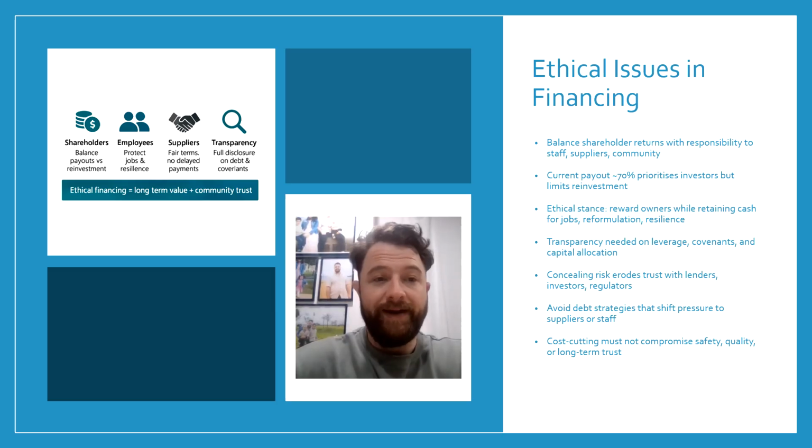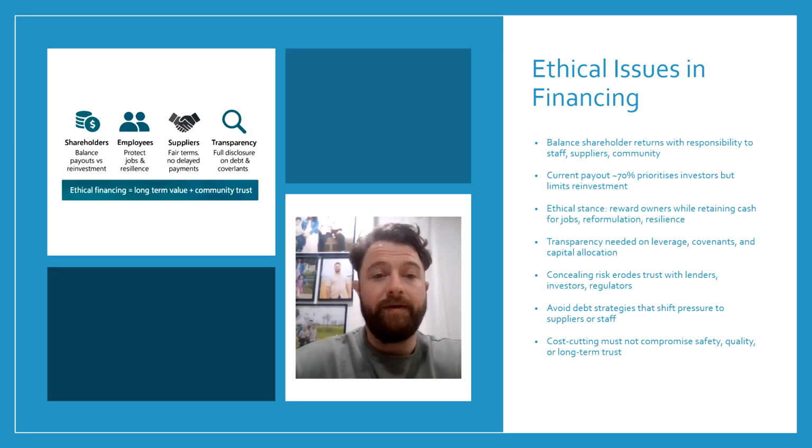Ethical issues in financing. Ethical financing means balancing shareholder returns with responsibility to employees, suppliers, and the wider community. Yope's current practice of paying out almost 70% of earnings prioritizes investors but limits reinvestment. An ethical stance calls for a more balanced split, rewarding owners but also retaining enough to protect jobs, fund reformulation, and maintain resilience.